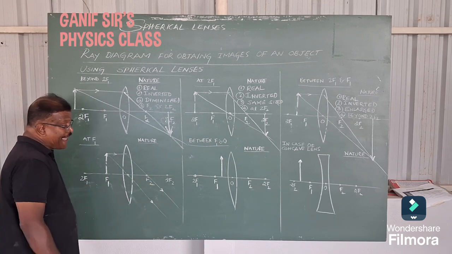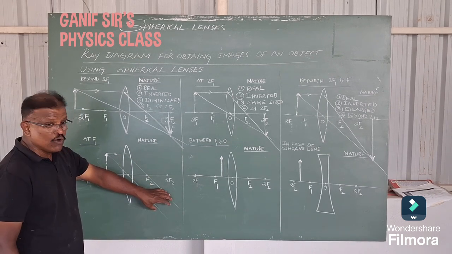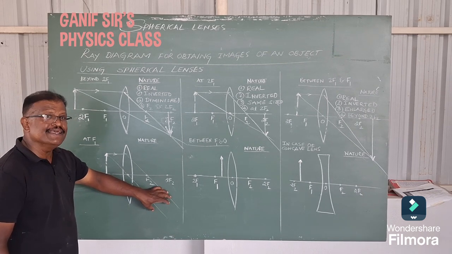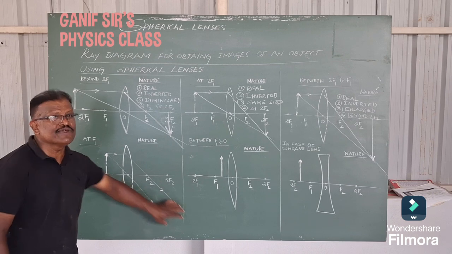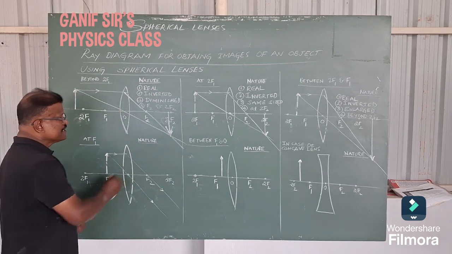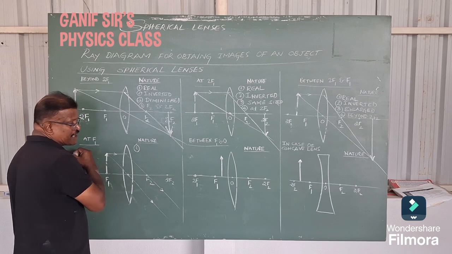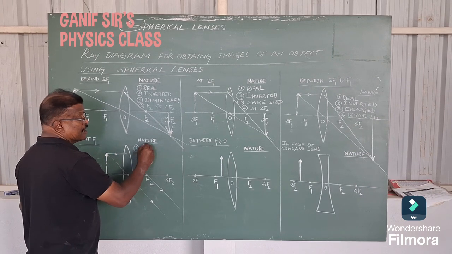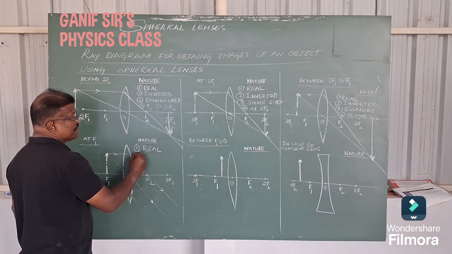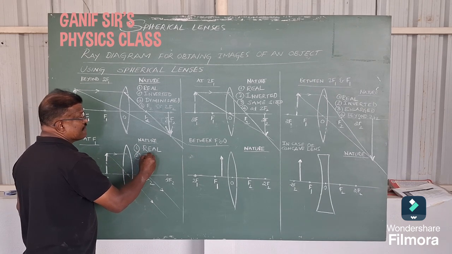Since they move parallel, they won't meet at a near distance, but mathematically they meet somewhere at infinity. This means the nature of the image obtained is real, and of course when it is real, it is inverted.